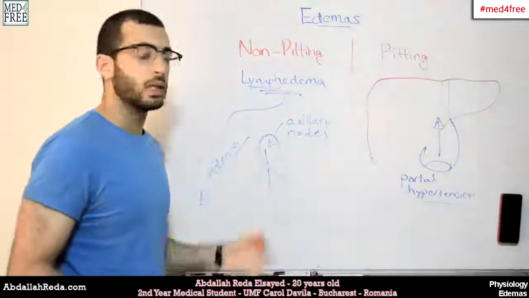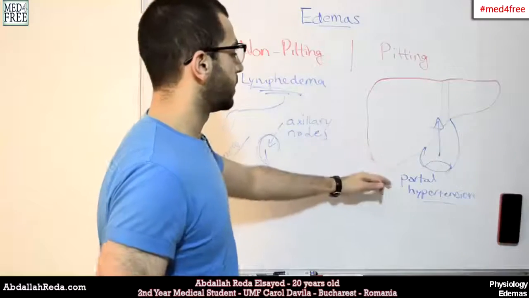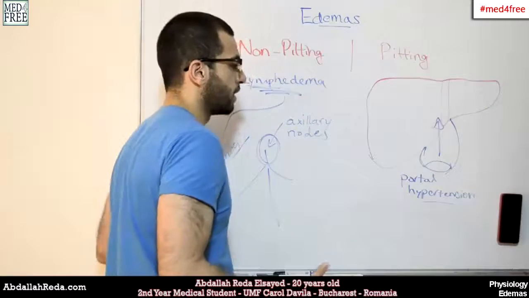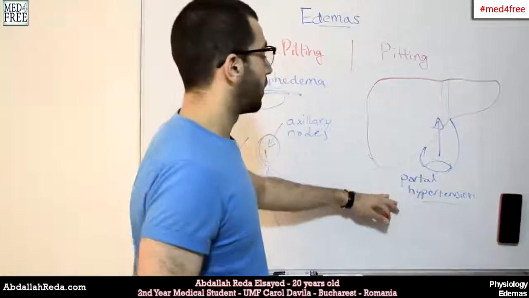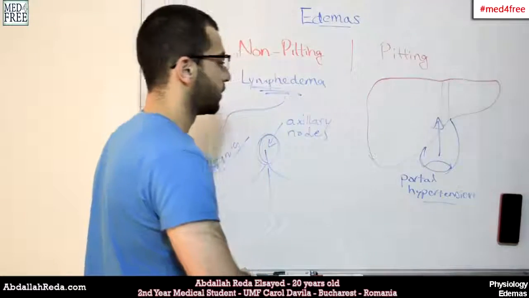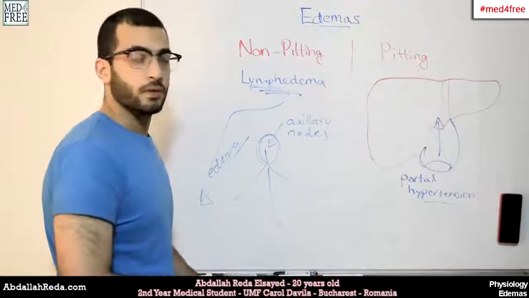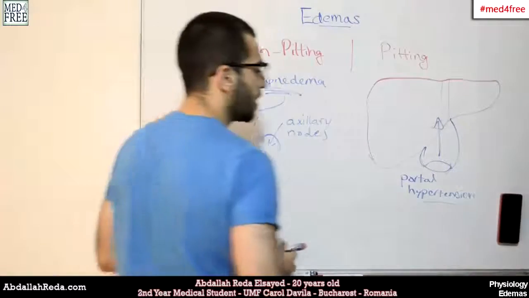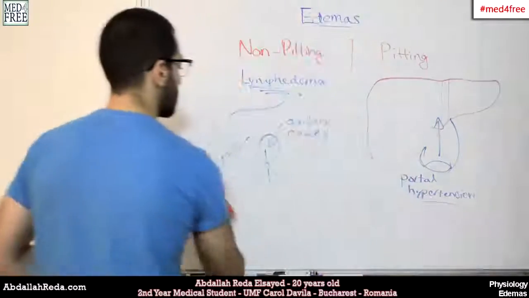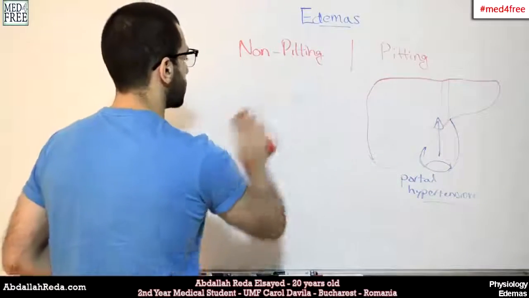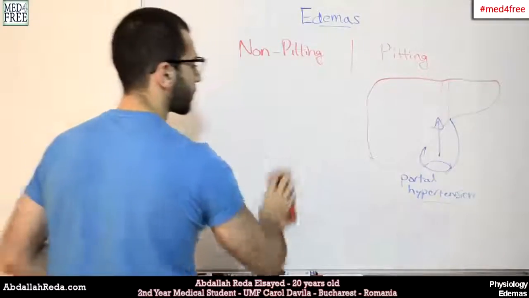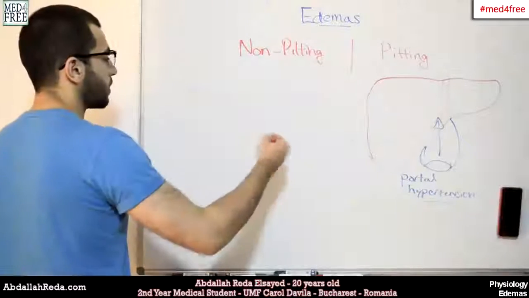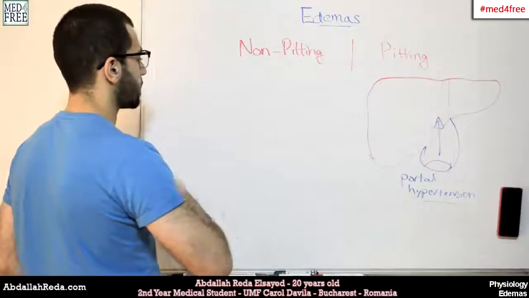Starling forces will be disrupted. The balance of these forces will not be the same, and the kidney function, the renal filtration function, will not be working efficiently. And for this, I would like to talk about this part specifically because here we have two types of syndromes.